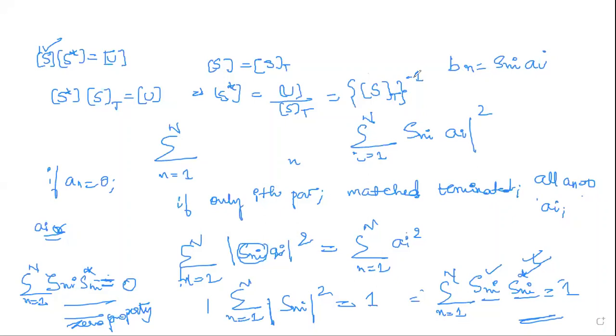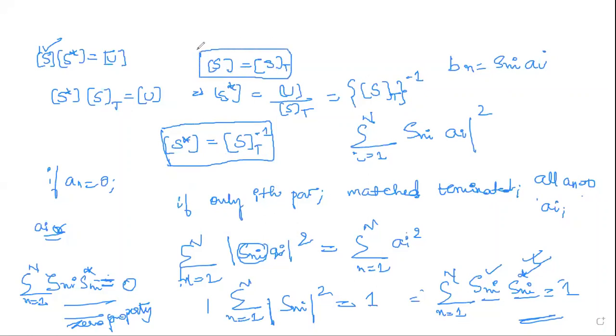So this means that if you consider the unitary property of a lossless network, the complex conjugate of the S matrix can also be represented as S transpose inverse. This is one property which you can derive from the unitary property. One is S equal to S transpose.